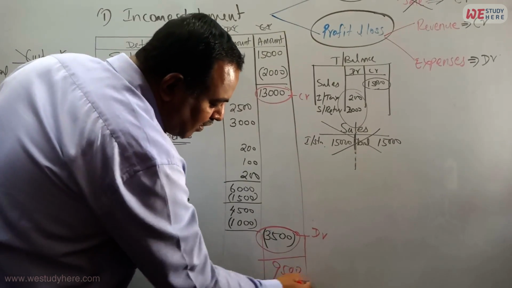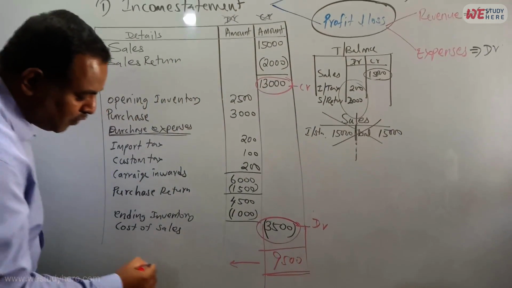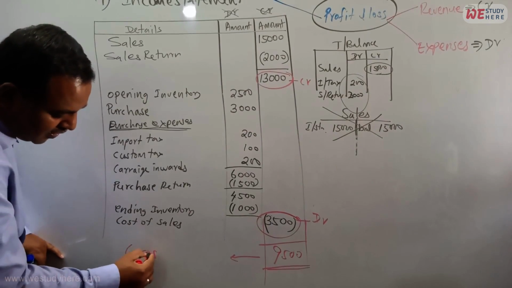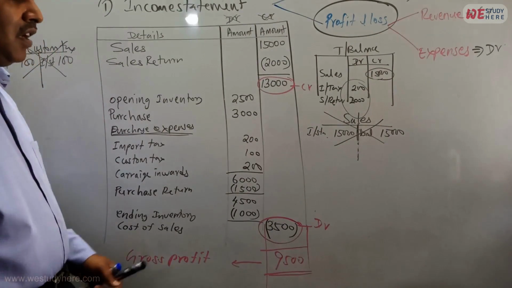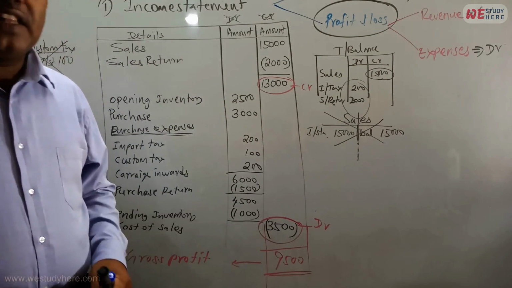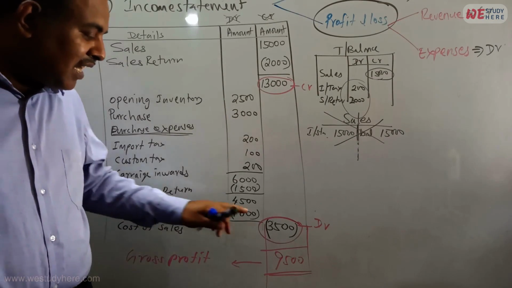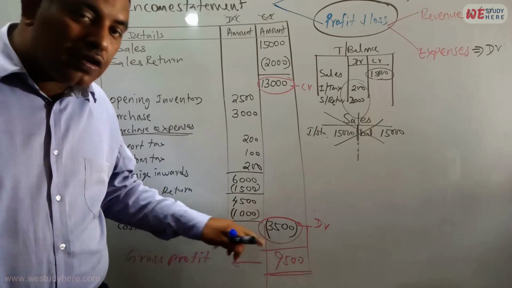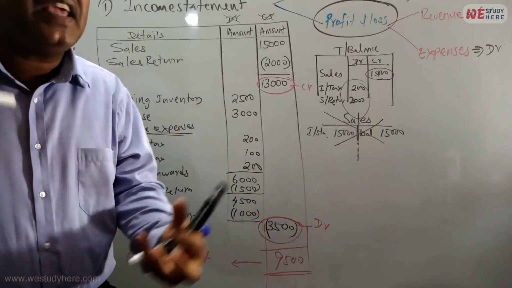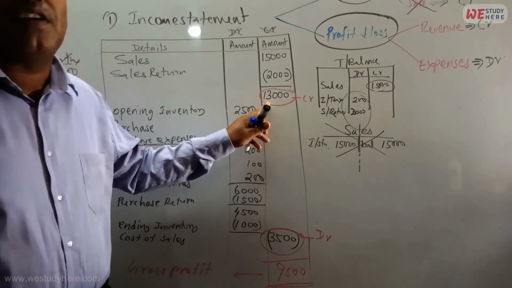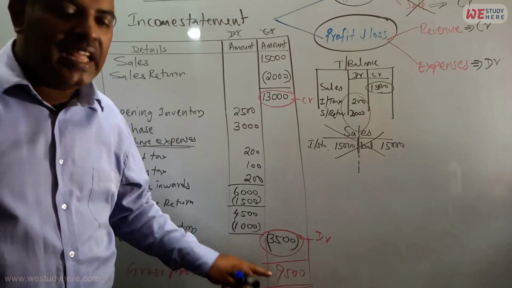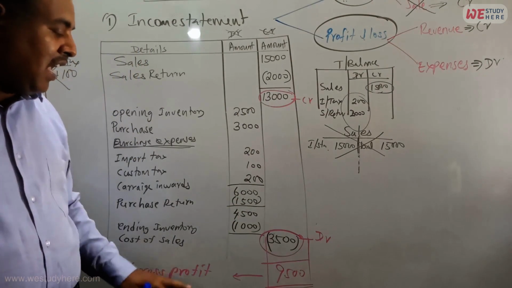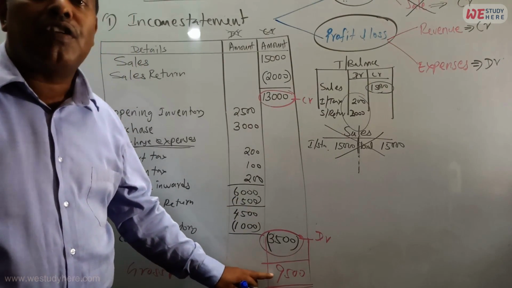What is this 9,500? This is called gross profit. After selling the goods, we are getting a profit of 9,500. Basically, this 3,500 cost of goods we are selling in the market for how much? 13,000. Therefore, we are getting 9,500 profit. It is called gross profit. If it comes out minus, we call it gross loss.